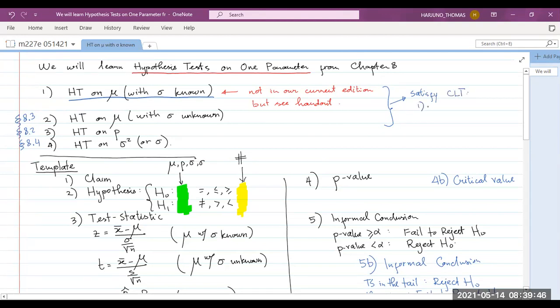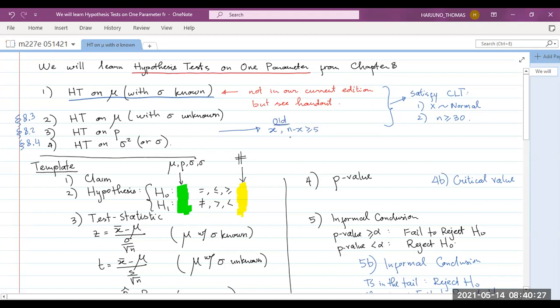In other words, either the sample is obtained from a population that is known to be normal, or otherwise the sample size is at least 30. The requirement for hypothesis testing for population proportion is that the number of successes and the number of failures has to be at least 5. That's the old requirement, which is still being used.